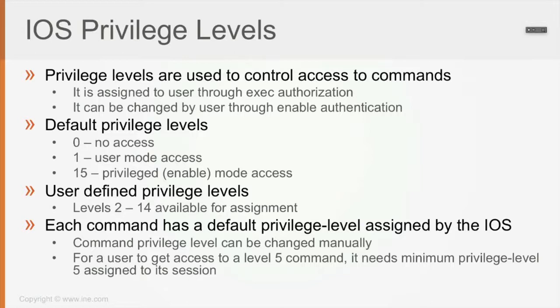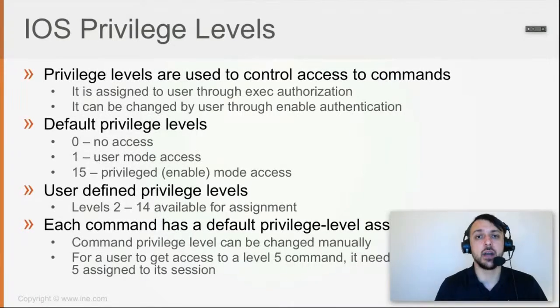Of course, the command privilege level can be changed. If a specific command like router OSPF is available at privilege level 15, I can change that around and make it available at privilege level 1 or 2 or 4. So the default privilege level at which a command is accessible can be changed manually per command through configuration.